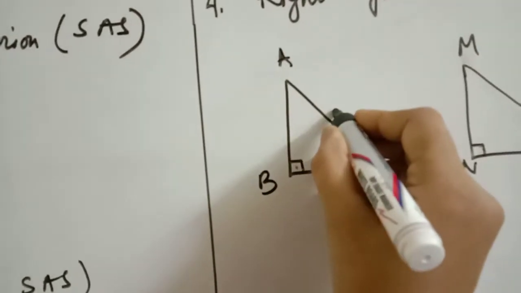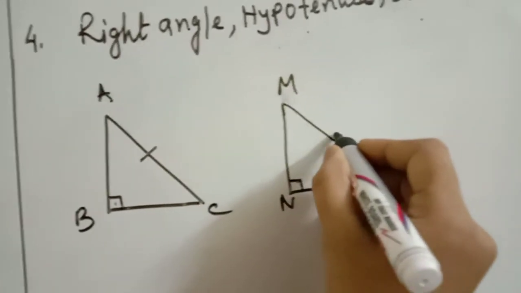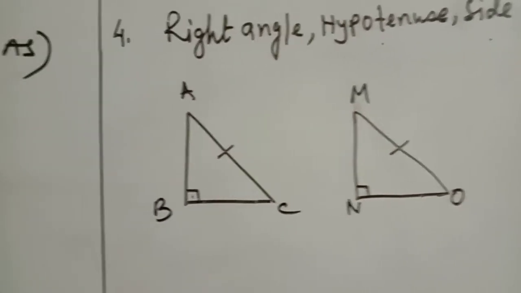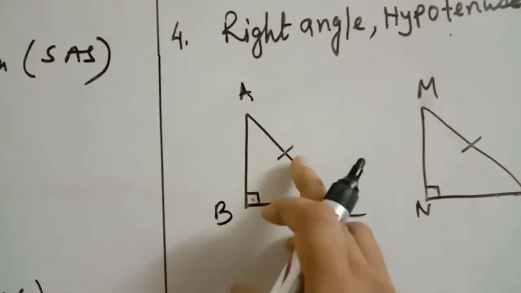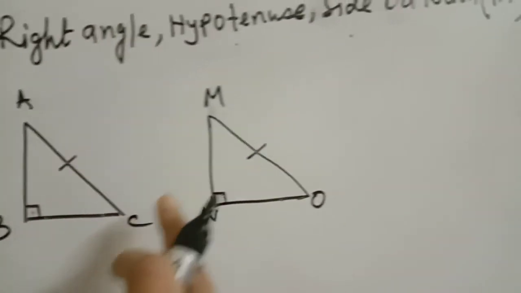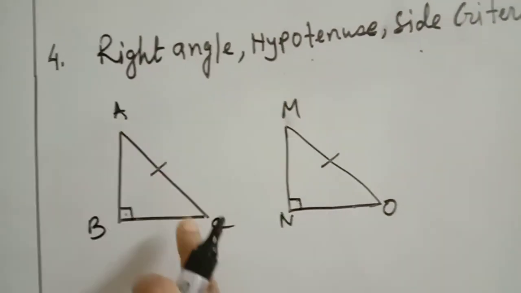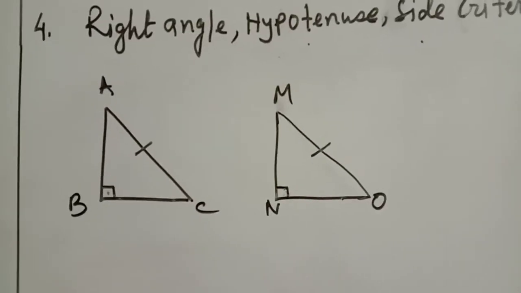Now, let hypotenuse AC be equal to hypotenuse MO. What is hypotenuse? The side opposite to the right angle is known as the hypotenuse. So the hypotenuse of this triangle is AC, and in this triangle the hypotenuse is MO. Let the length of these two hypotenuses also be equal, that means they are congruent.